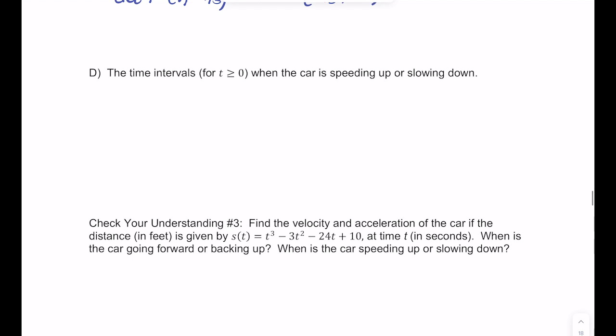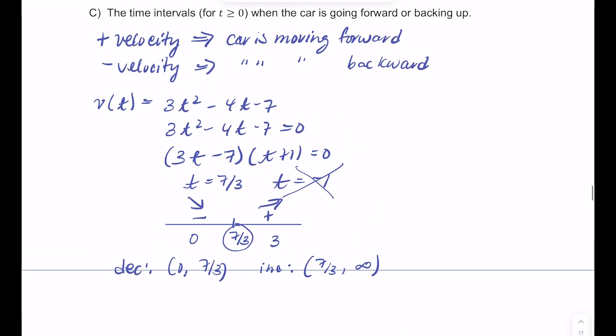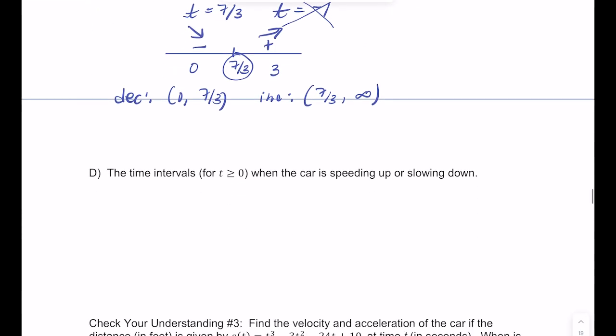Now we want to find the time intervals, again, for t is greater than or equal to 0 when the car is speeding up or slowing down. Okay, so speeding up, slowing down, we're talking about acceleration, right? So the car speeds up when the velocity and the acceleration have the same signs.